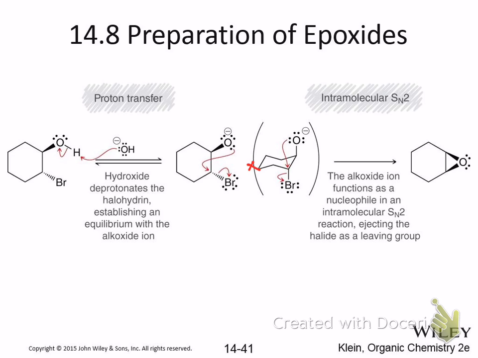The reason is that the large group wants to maintain the equatorial position, and it holds the oxygen and bromine in their axial position so that it can attack as a nucleophile in that anti-periplanar fashion.